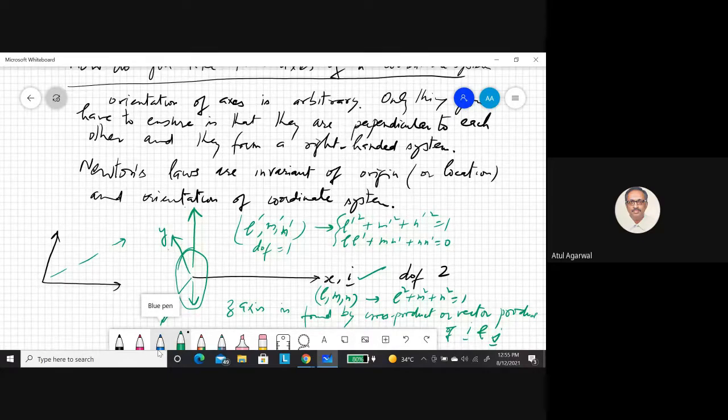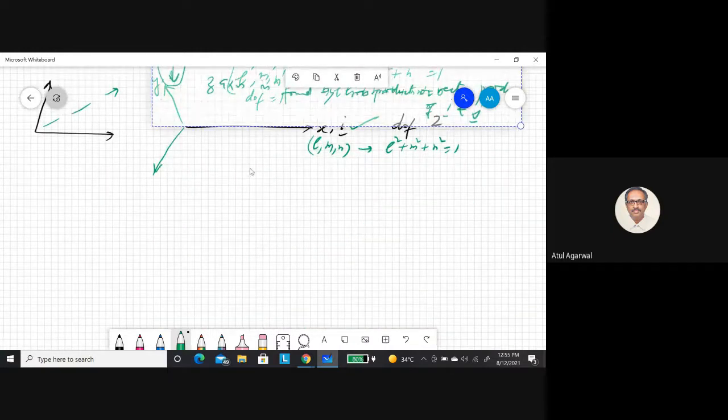This is direction i, this is direction j. So basically once you know i and j, now k is immediately fixed. It is given by the right hand rule.